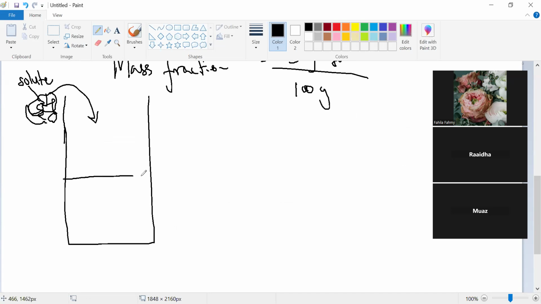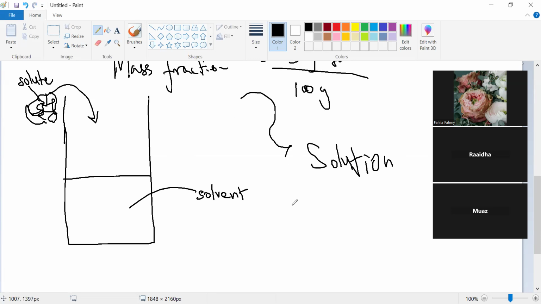And what you have in the beaker to get it dissolved, what are you using to get it dissolved? You call it the solvent. And both of these together, solute plus solvent, we call it what, Puta?